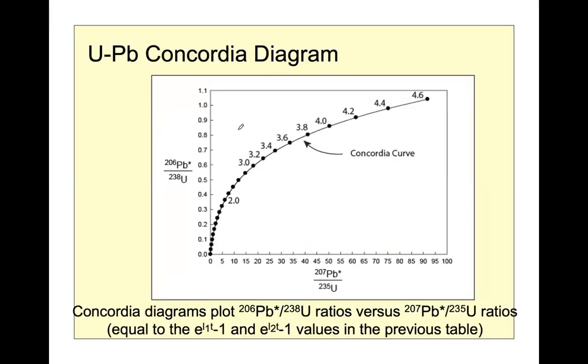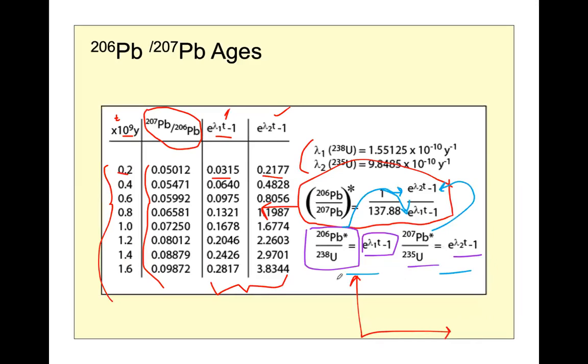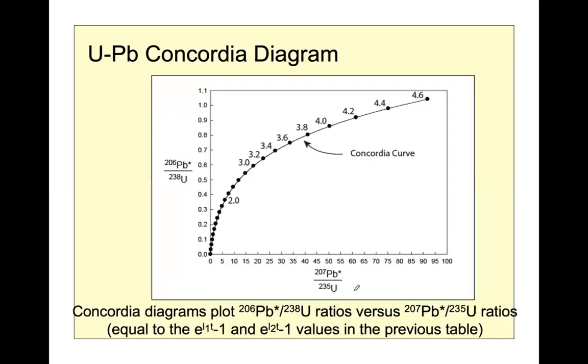So you draw the figure, the graph here, and you take one as this axis and the other one as this 235, because we have 238 and 235, right?